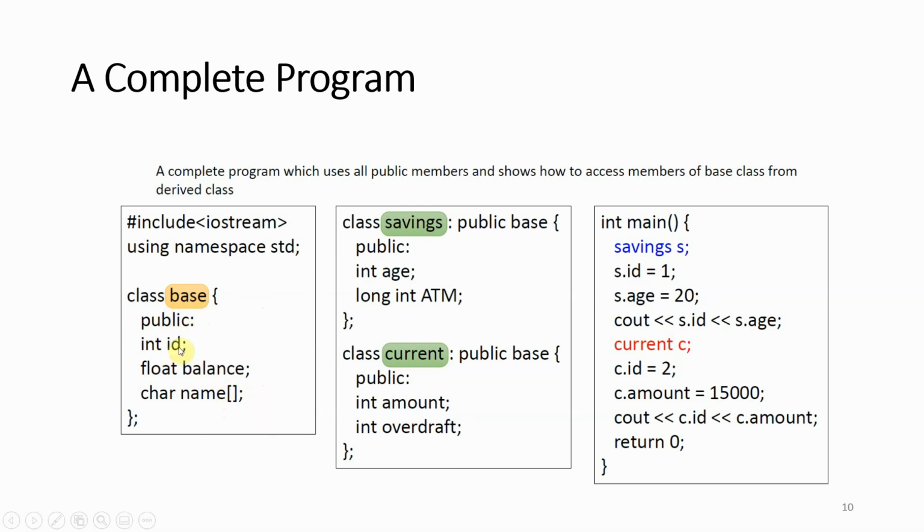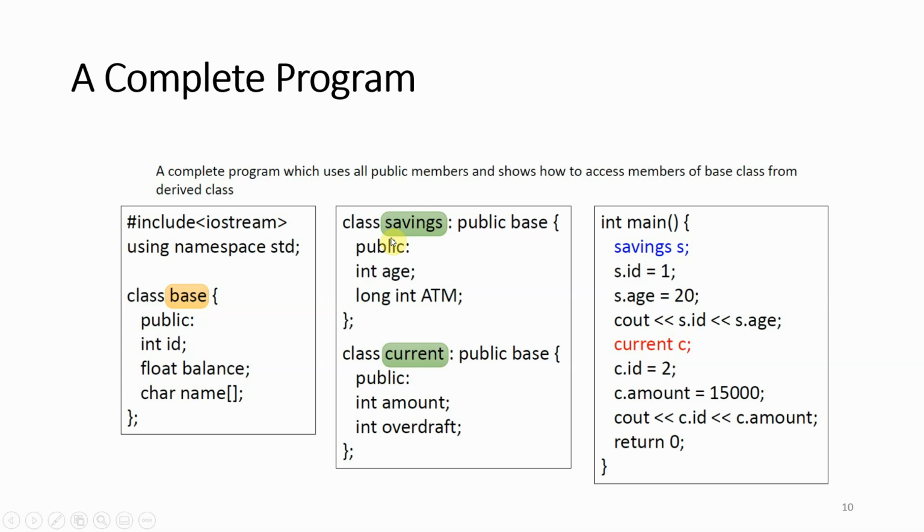Now, these are going to be inherited by class savings, so class savings would also have these three member variables. But we want to know if those member variables for class savings are also going to be public. Because they were public for class base, are they going to be public for class savings as well?